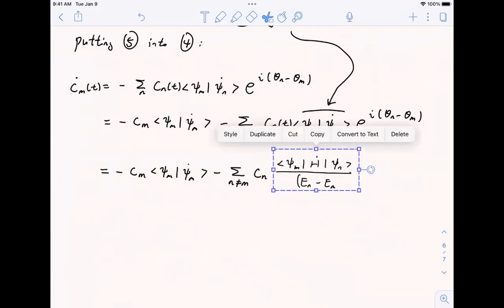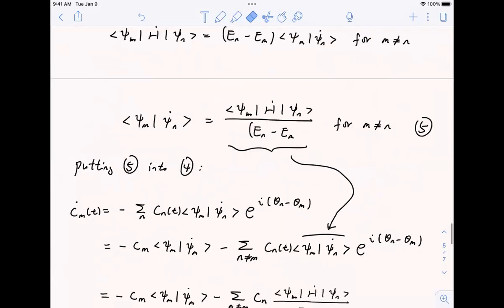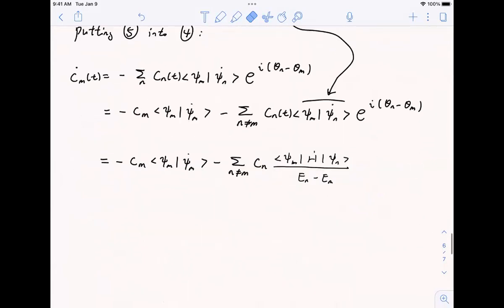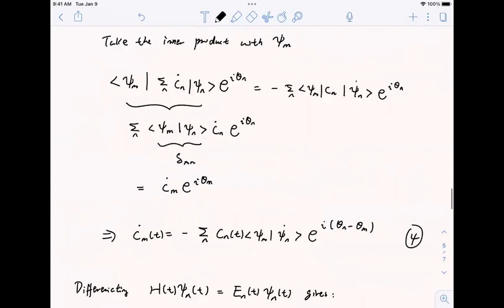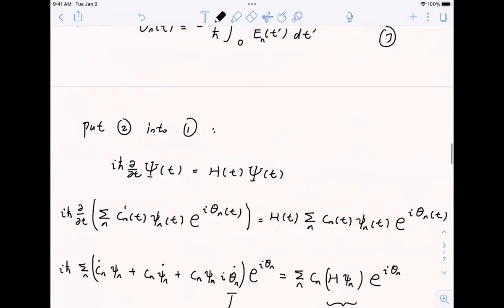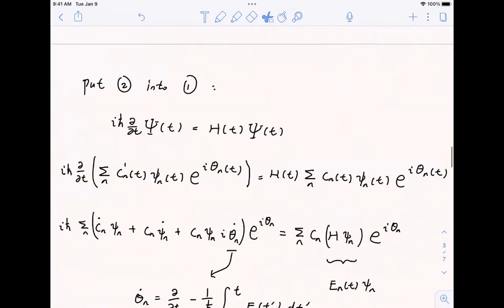You don't need the parentheses here. And then E, i, n and m. So what is this? Let's recall what theta is. Theta is this thing.